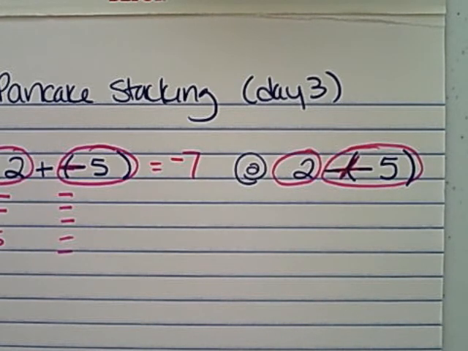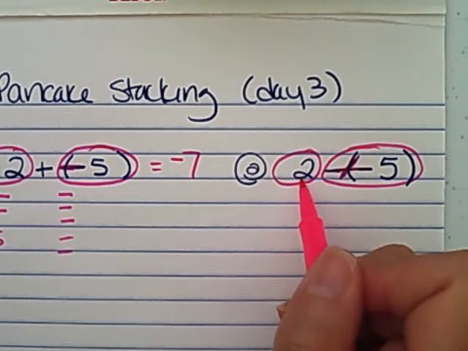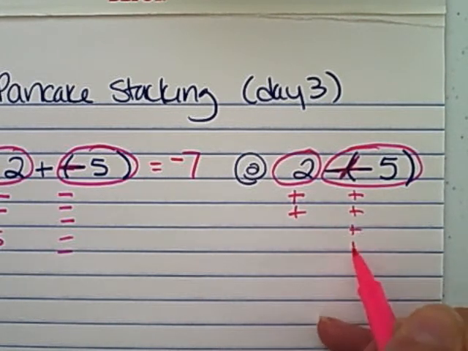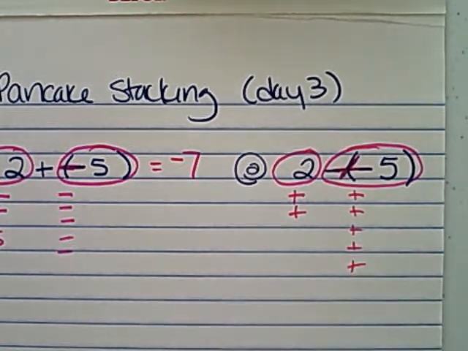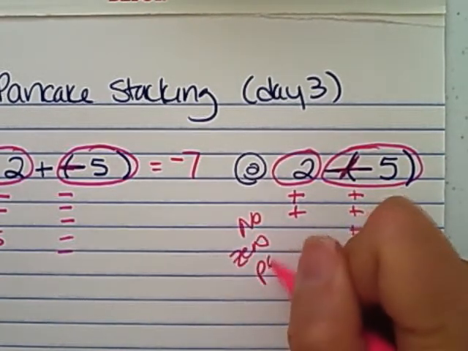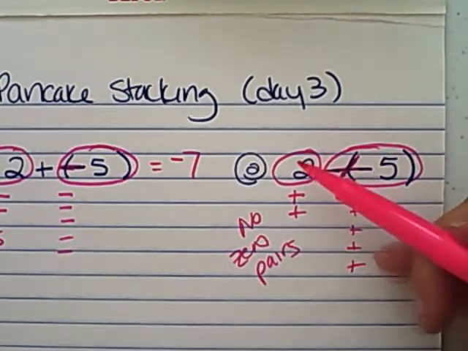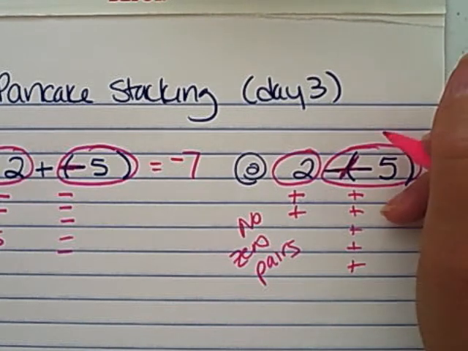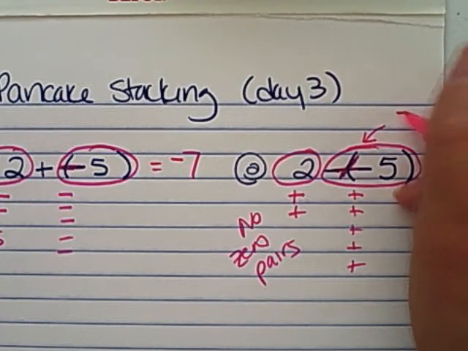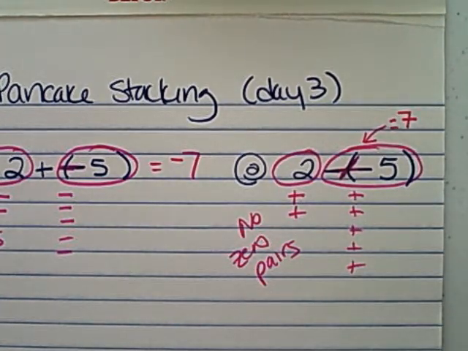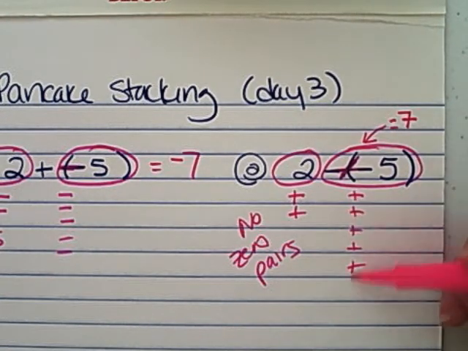We can still think of this as two integers. So the positive 2 and then the 1, 2, 3, 4, 5 positives. And again, we have no zero pairs because we have 2 positives and 5 positives. So this answer here is going to be 7. Okay, because we have 2 and 5.